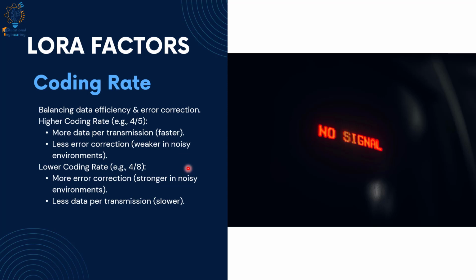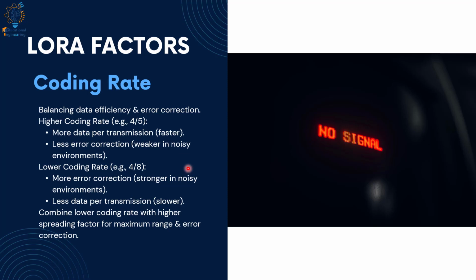The optimal coding rate for a LoRa application depends on the specific needs. If reliable data transmission is crucial and errors cannot be tolerated, even at the cost of slower speeds, a lower coding rate with stronger error correction is preferred in this case.